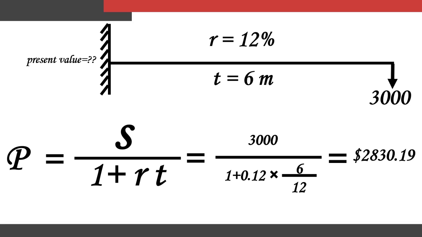The second case, T equals 6 months, B will be equal to $2,830.19. When T equals 9 months, with the same S and the same R, B will be equal to $2,752.3.